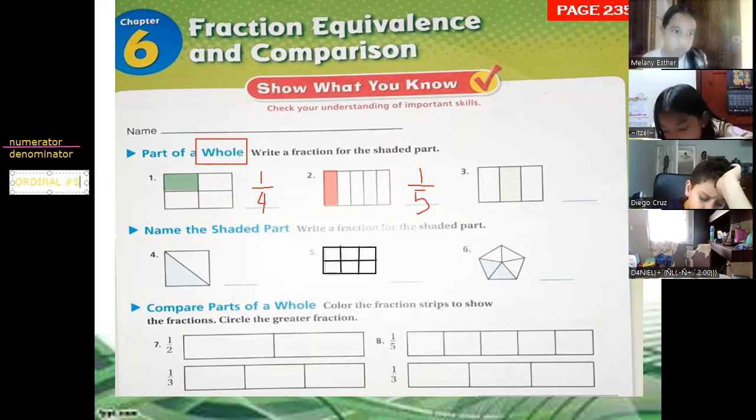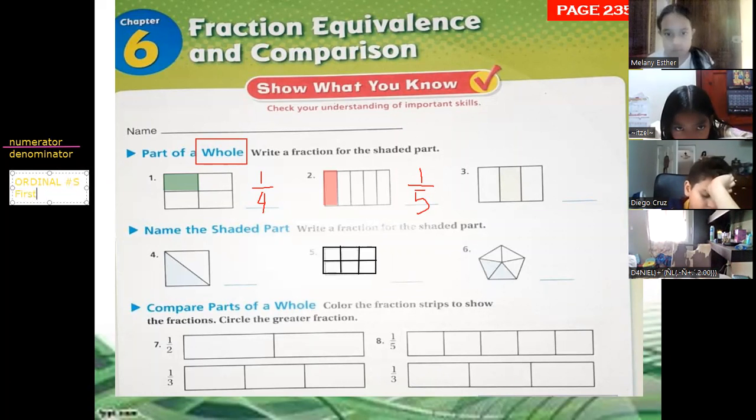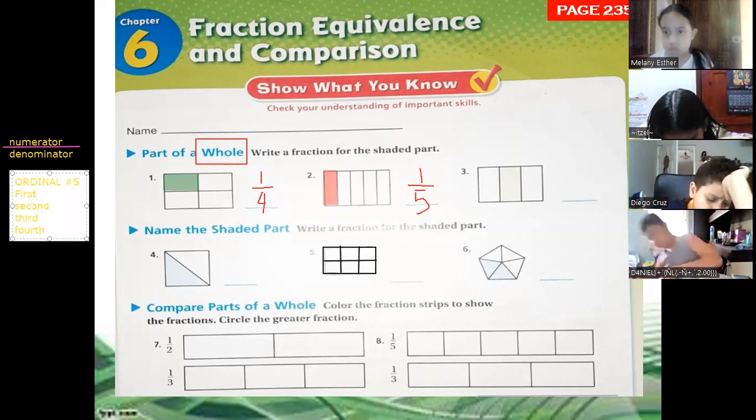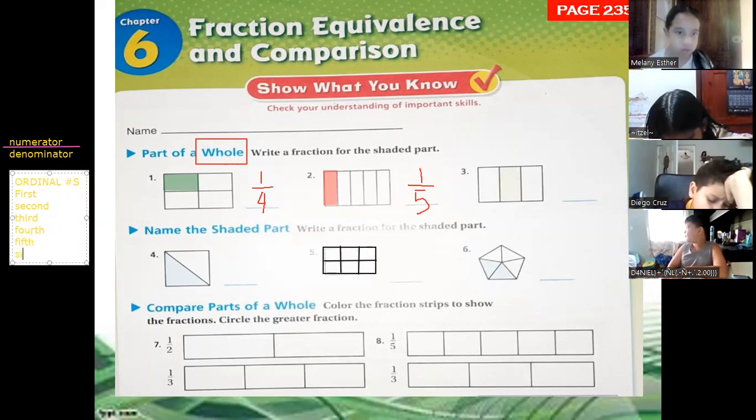Ordinal numbers: first, second, third, fourth, fifth, not six, not five. And for the rest of the numbers, you just add th at the end.